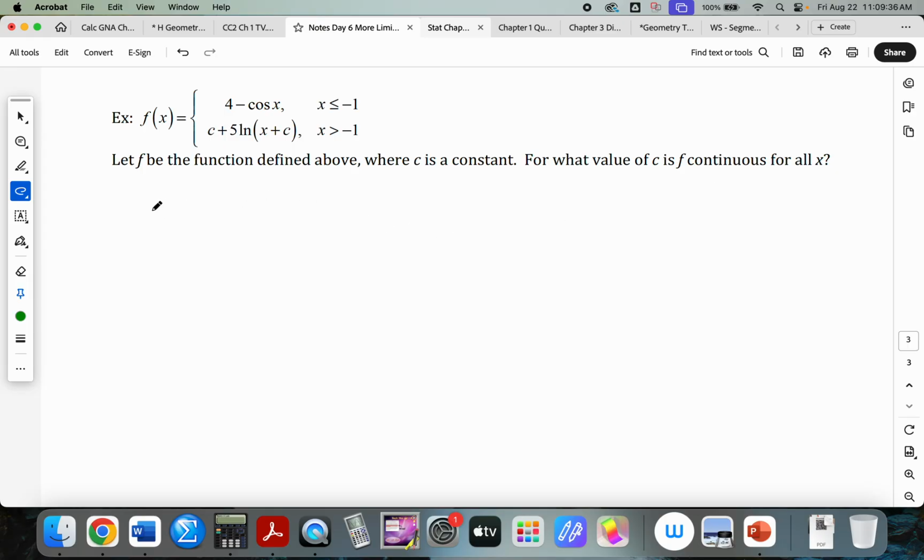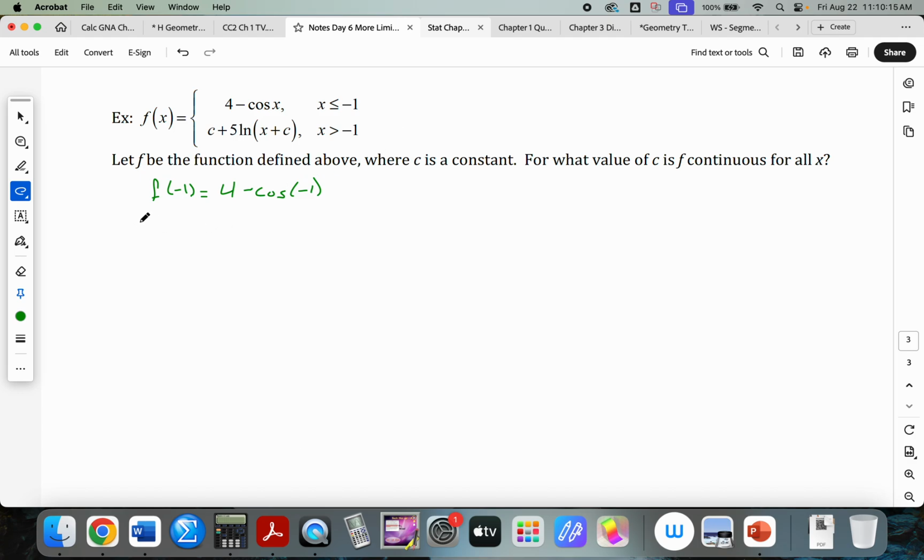So in order to be continuous, the function has to exist at a point, and the limit has to exist at the point, and the two have to be equal to one another. So the function at -1, f of -1 is 4 minus cosine of -1. I have no idea what that is, and it doesn't matter. It's a real number, so the function exists there. Now what I want to have happen is the limit has to exist.